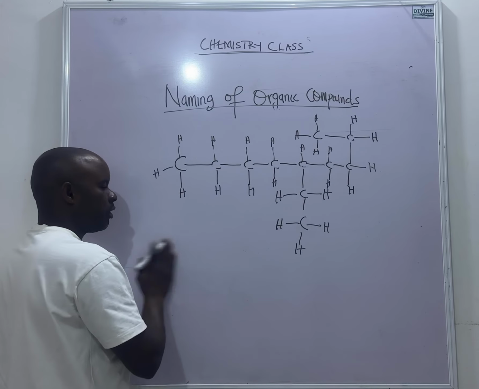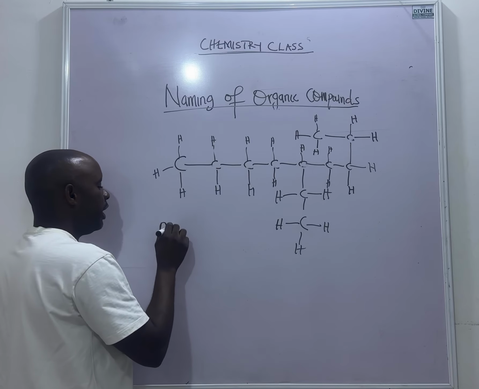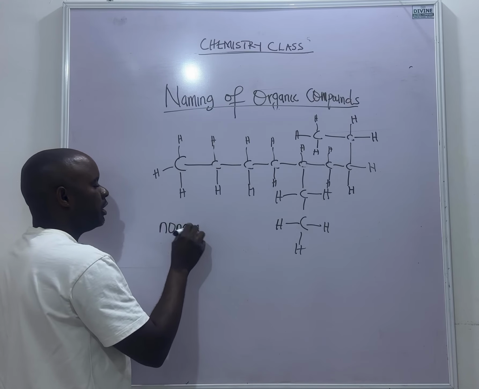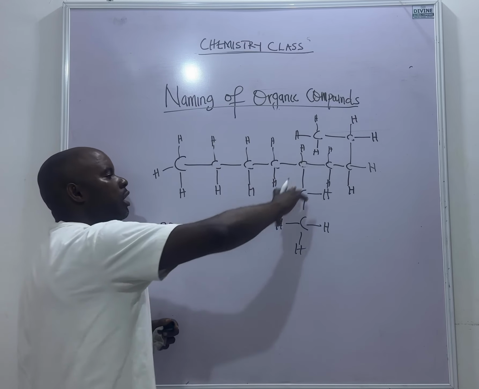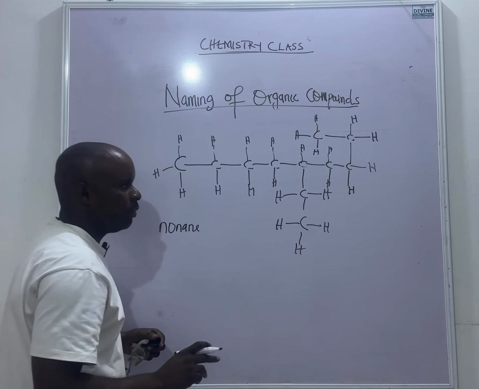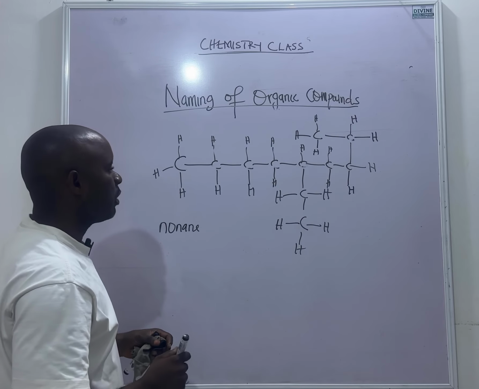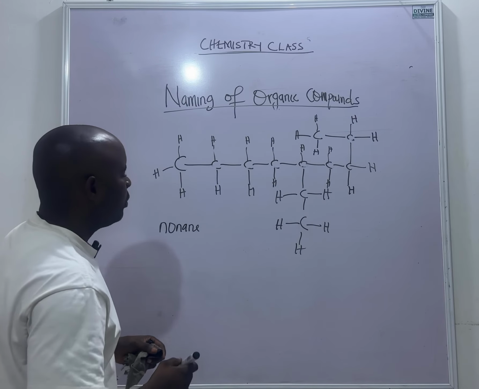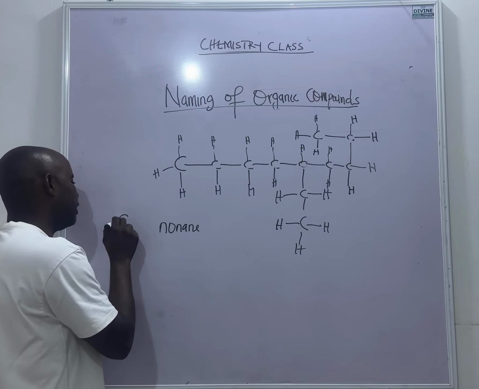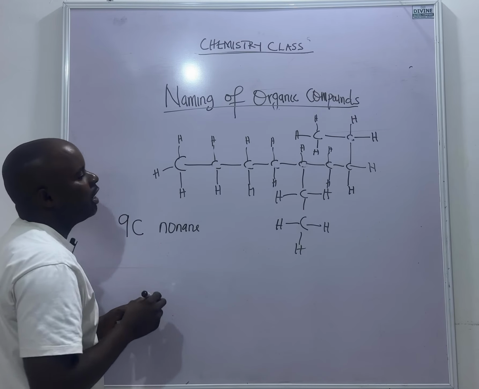We are going to talk about nonane because it's a single bond. If you check the compound, it contains only single bonds attached to carbon. So we said the longest continuous chain contains 9 carbon.